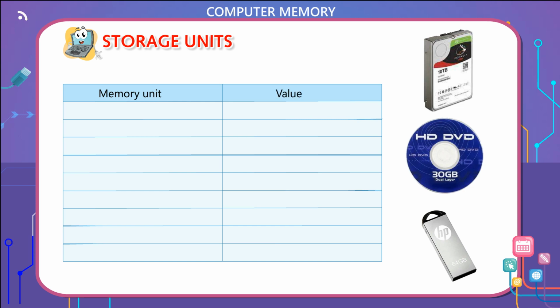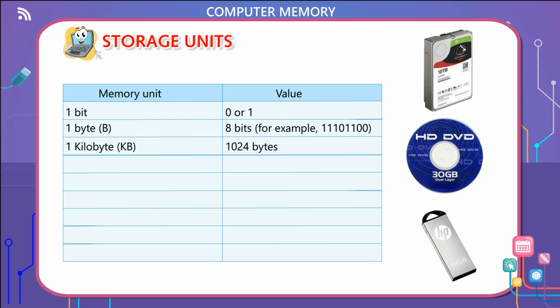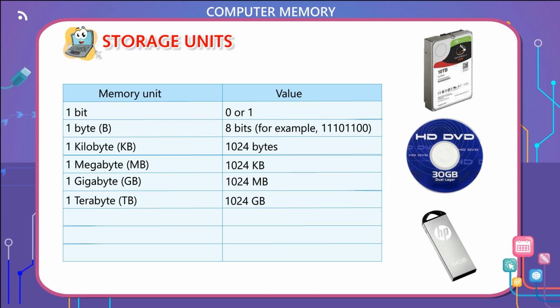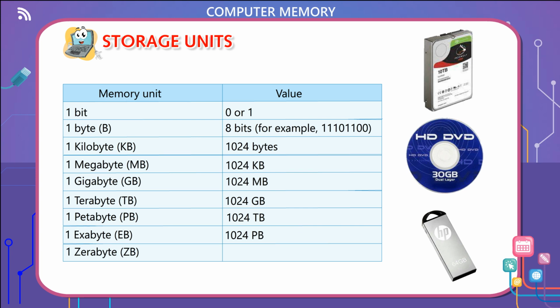Memory unit, value. 1 bit, 0 or 1. 1 byte, B, 8 bits. 1 kilobyte, KB, 1024 bytes. 1 megabyte, MB, 1024 KB. 1 gigabyte, GB, 1024 MB. 1 terabyte, TB, 1024 GB. 1 petabyte, PB, 1024 TB. 1 exabyte, EB, 1024 PB. 1 zettabyte, ZB, 1024 EB.